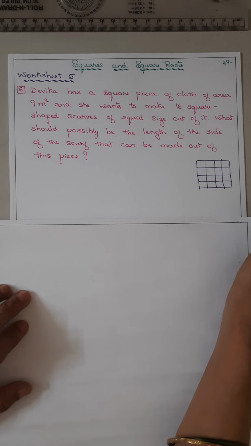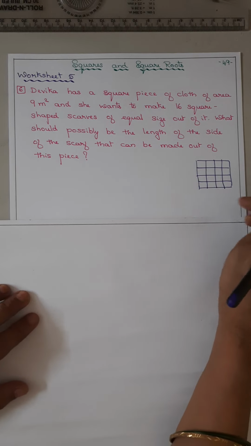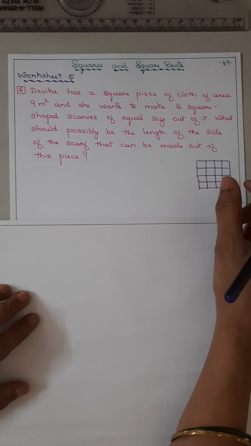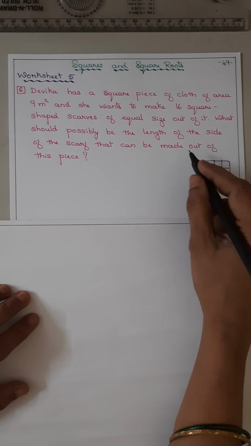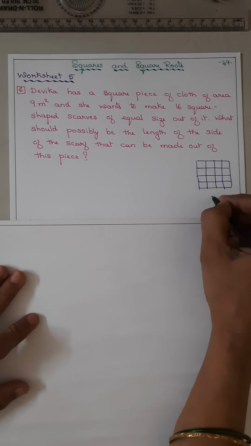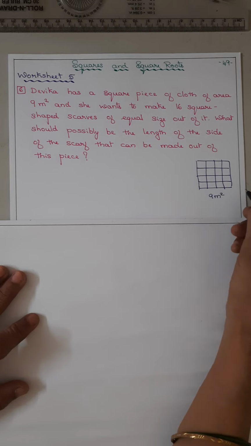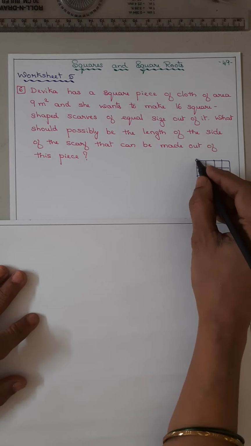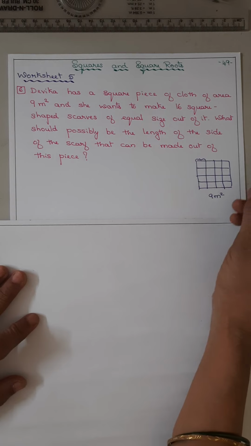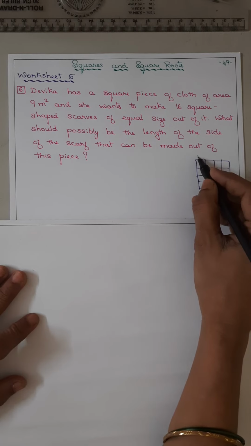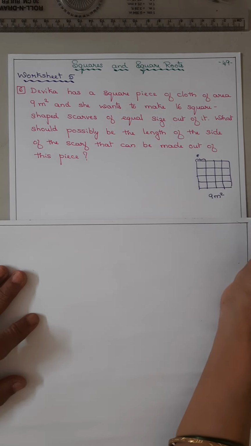So hope you understood. From the bigger square piece, she has to make 16 square shaped scarves, and the total area of this is 9 meters square. Now she wants to find out the side of the small square.